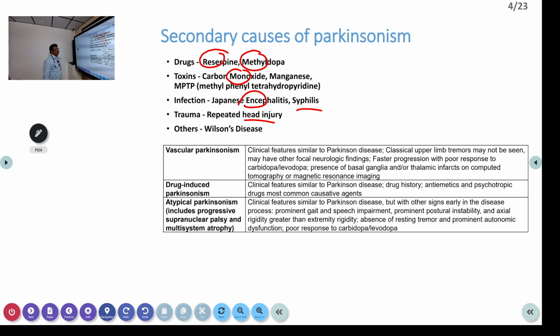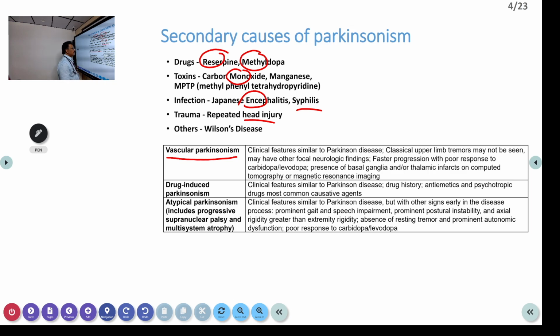Many patients who have chronic vascular disorder, like patients having hypertension, diabetes, vascular pathology, can also sometimes produce Parkinson-like features. So vascular disorder can be due to various disorders. All those disorders will produce vascular changes, and some patients who have vascular problems like atherosclerosis can progress to Parkinsonism.